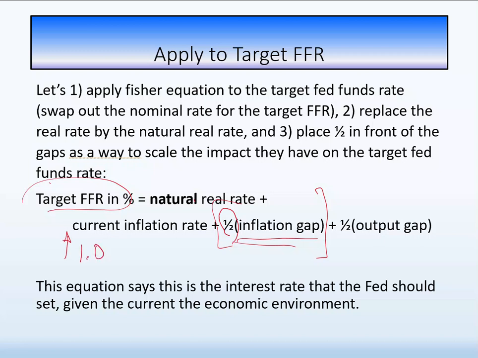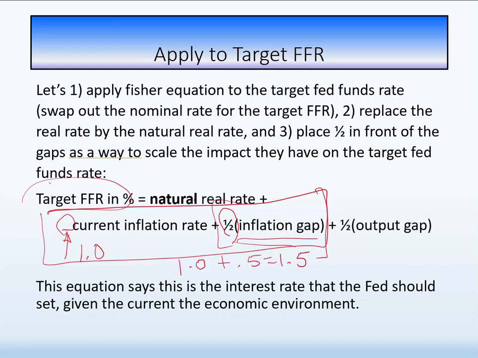You don't have to multiply anything by 1 because it doesn't do anything mathematically, but keep in mind, there is a 1.0 in front. And why is that important? Because the total effect of inflation, these two terms, is the sum of those coefficients. So it's the 1.0 plus the 1/2 equals 1.5.